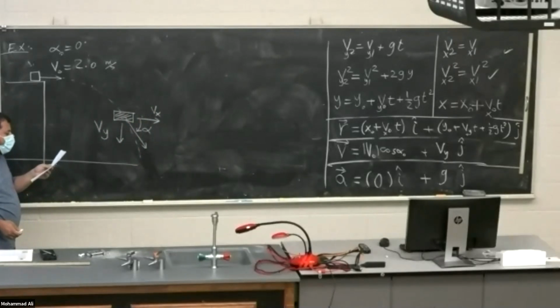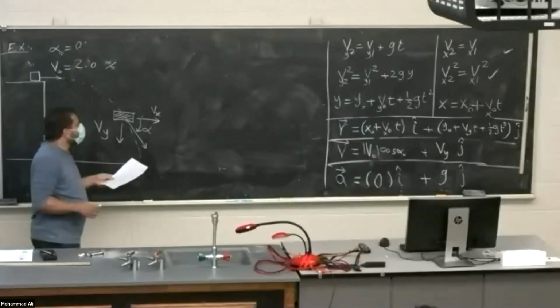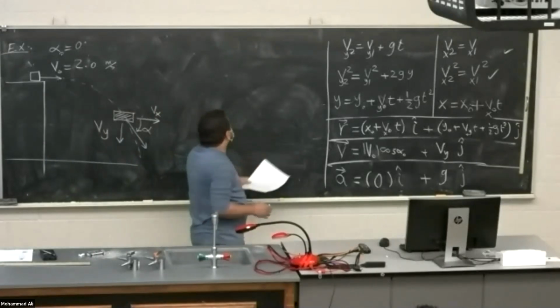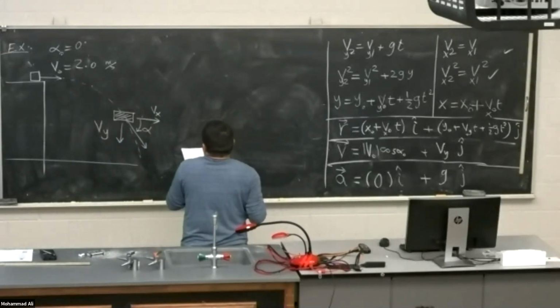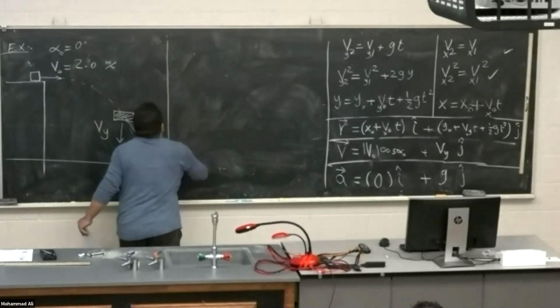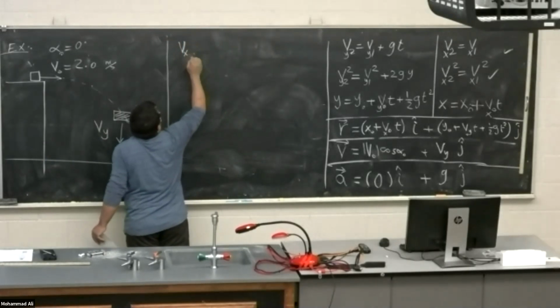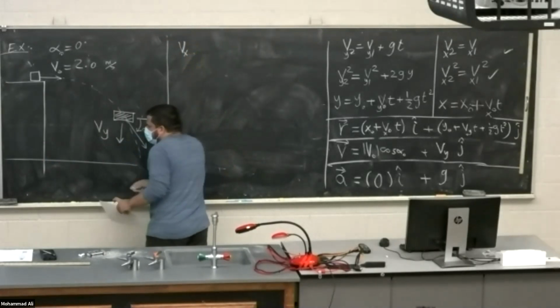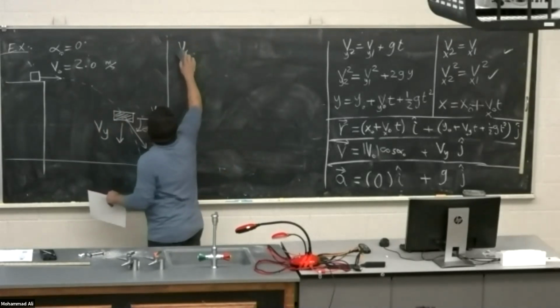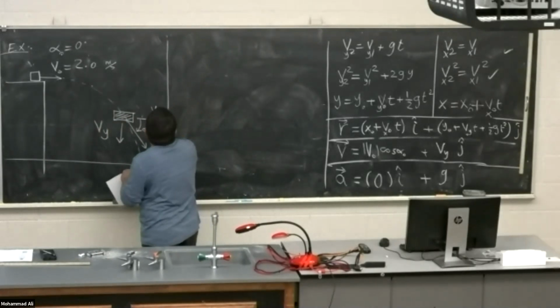Find the position vector and velocity vector as a function of time. We can see here. Now, what is Vx? The position vector, let's talk about the position vector.